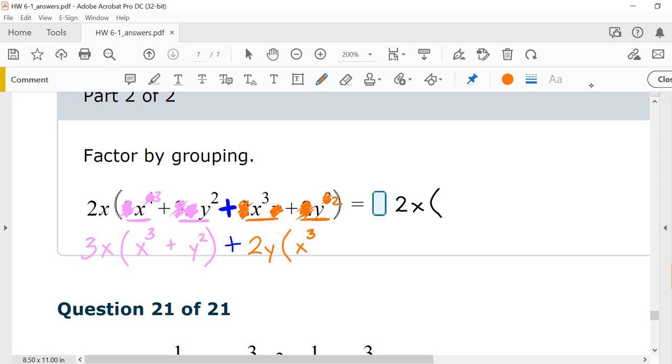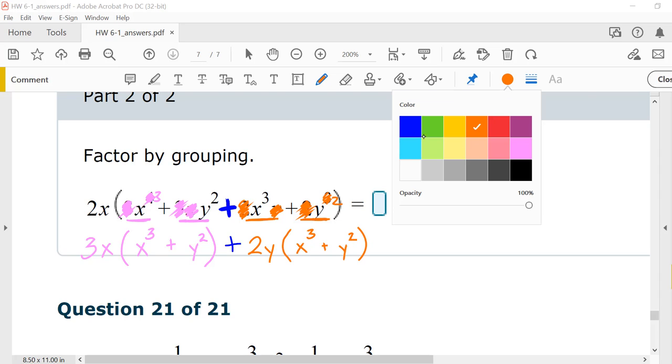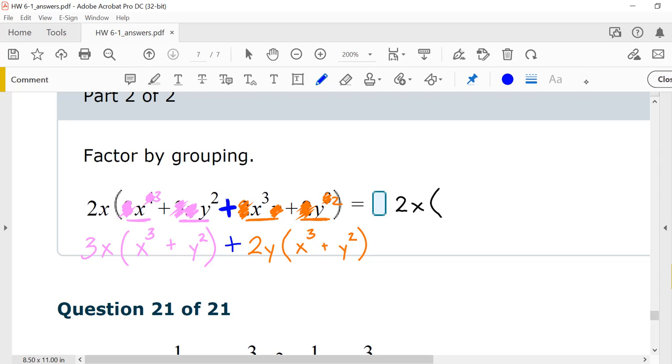So I'm left with x cubed plus y squared. I see from those 2 terms a common binomial, x cubed plus y squared. So that goes away, that goes away. I have x cubed plus y squared times 3x plus 2y.